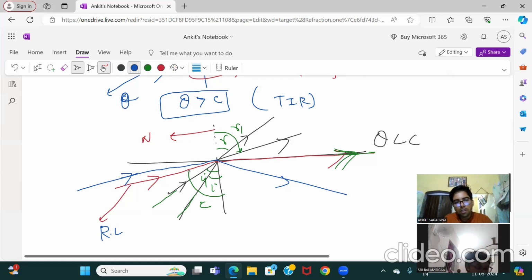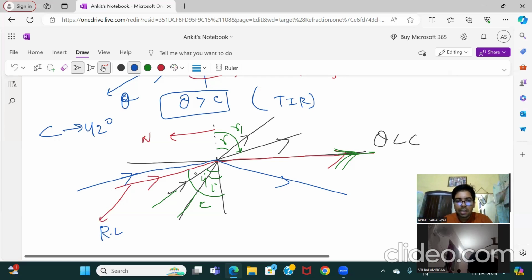Below the critical angle, all these rays are incident at an angle less than the critical angle. If the value of C is 42 degrees, and all these angles like I1 are less than 42 degrees, meaning 40, 39, 38, like this, then there is some refraction. There is no TIR.